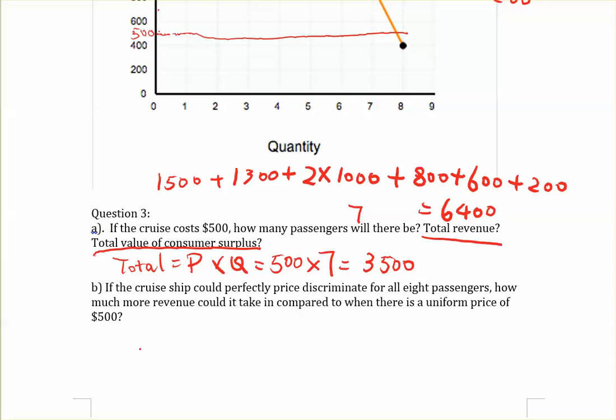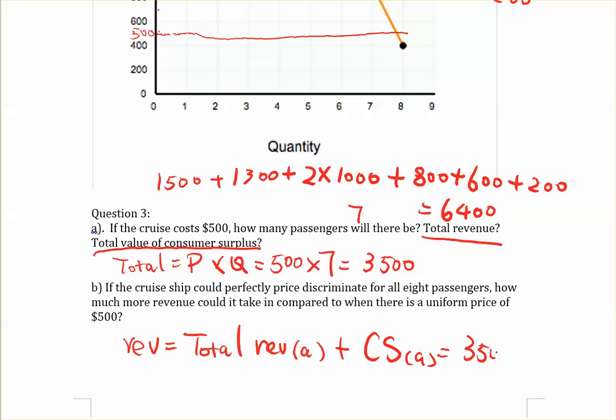So what you can do here is take the total revenue you calculated in question A plus the consumer surplus in question A. So you will get 3,500 plus 6,400, and you will get 9,900. So this will be the answer for this question.